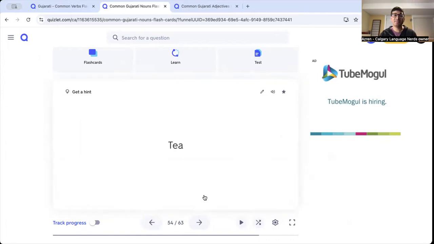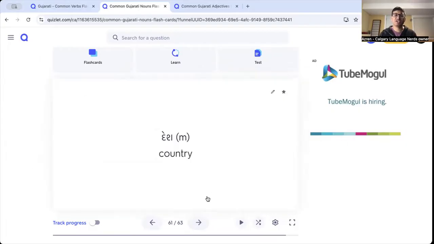Okay, tea, cha, coffee, coffee. This one here, if you don't know what it is, you can Google it. Chash, often pronounced chas. It depends on the person. Thing, just any thing. Vastu. Place, jagya. Language, bhasha. Story, varta.